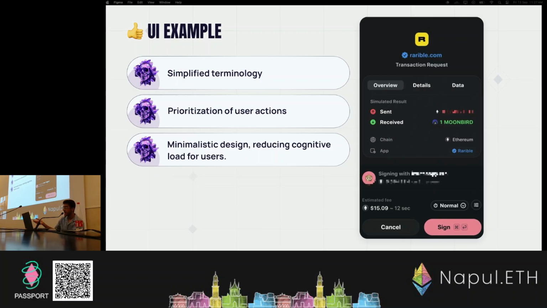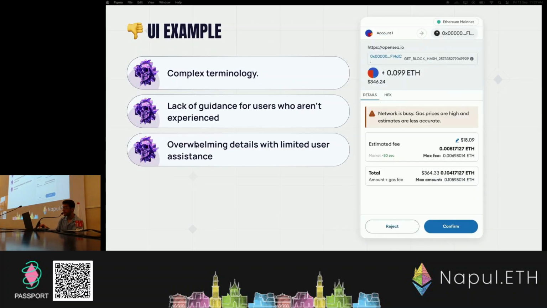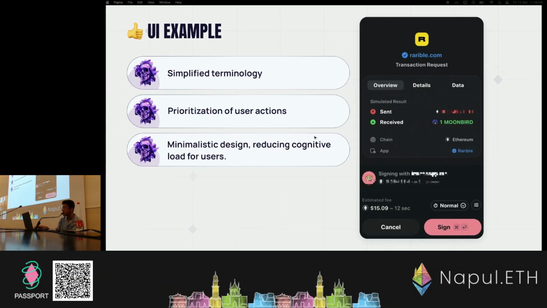But the details are still accessible, though as you see here, there are a lot of details everywhere. And it's the same here: the details are accessible, but they are hidden for those who don't need them. So if I'm a new user, a product designer going through the flow, I don't need to always check the hex or the deepest technical details every time.